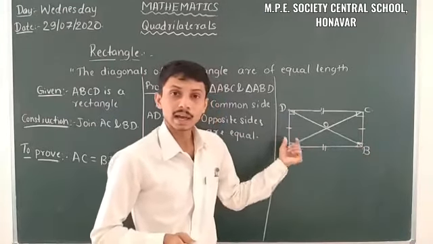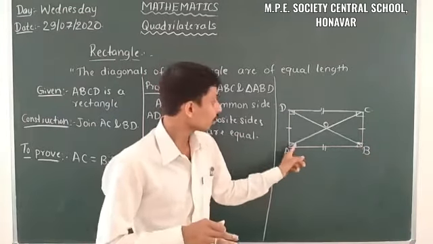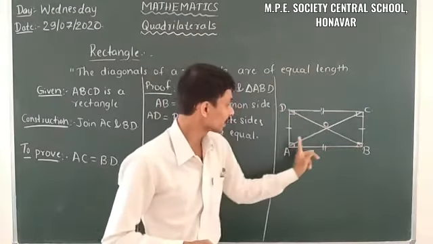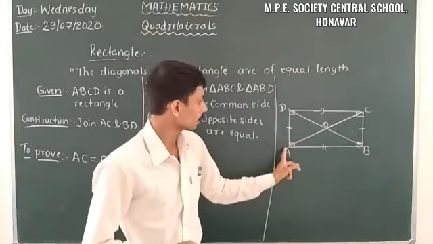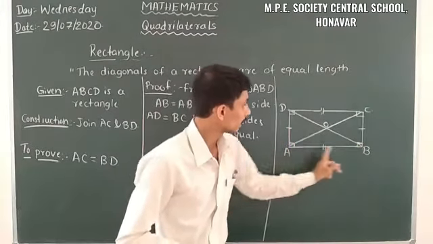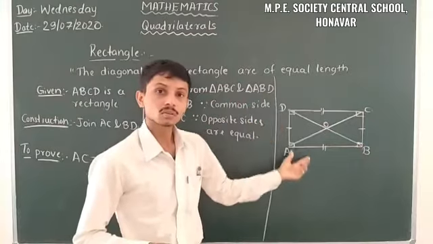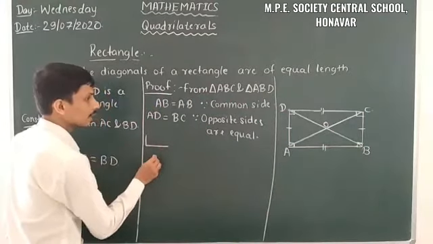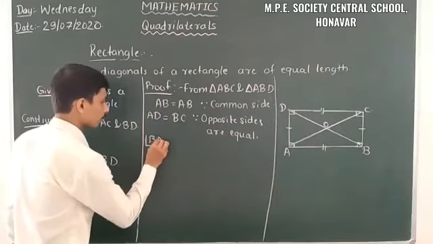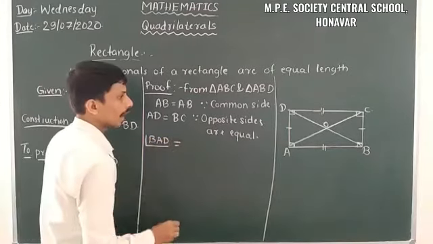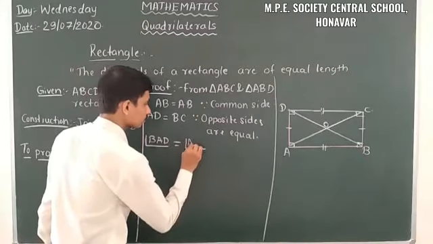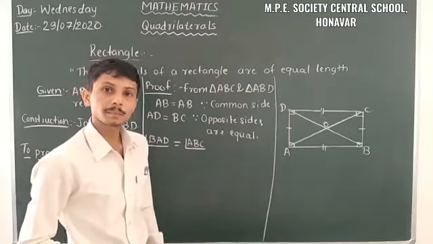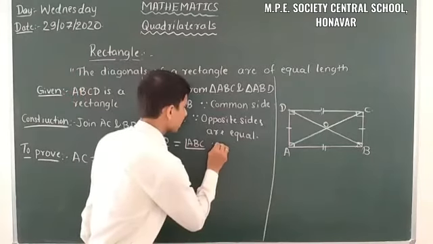Angle A is the inner angle of triangle ABD, and angle B is the inner angle of triangle ABC here. So those two triangles are equal. That means angle BAD is equal to angle ABC because the angles of a rectangle are equal.